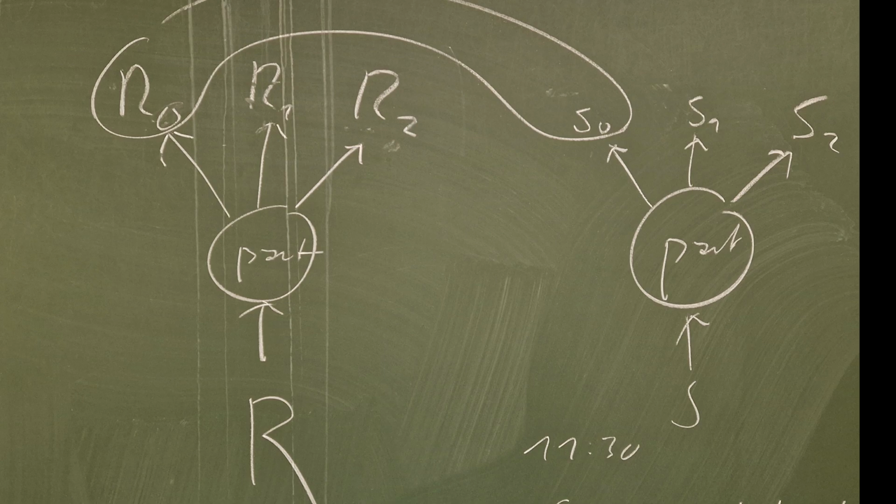Okay? So how do I do that? How do I partition such that I end up with these 3 horizontal partitions of R, and these 3 horizontal partitions of S, such that here's my co-group on S0, S1, S2, and so forth? How could I do that?